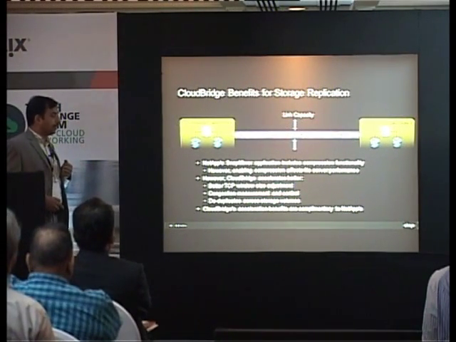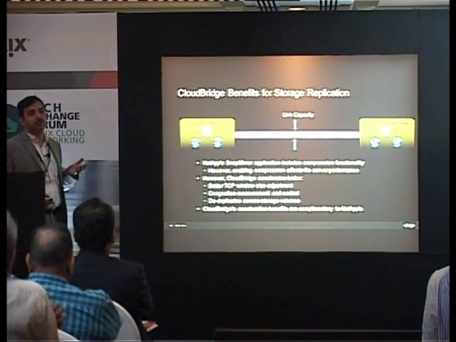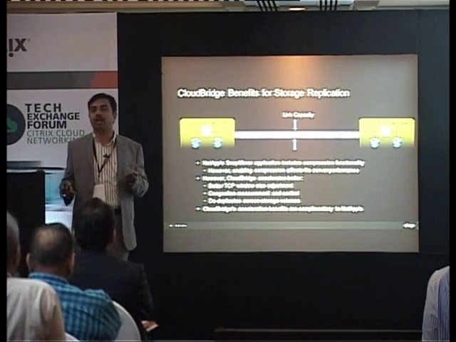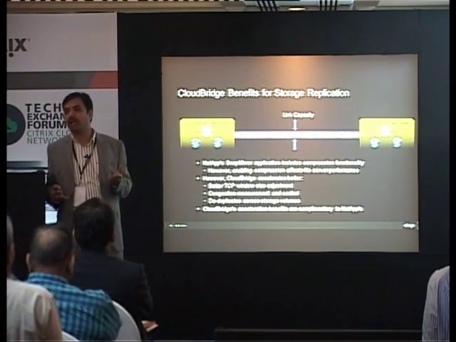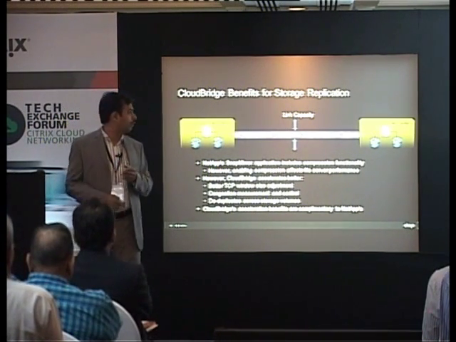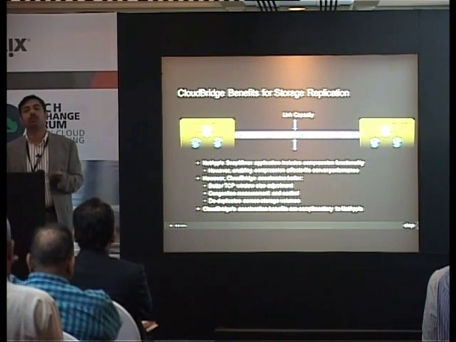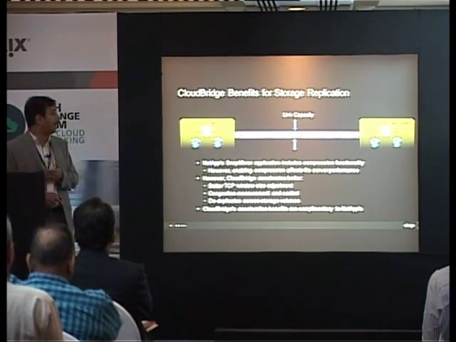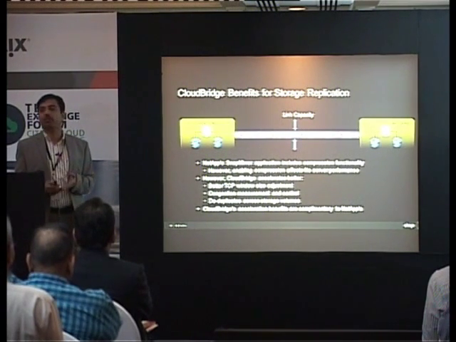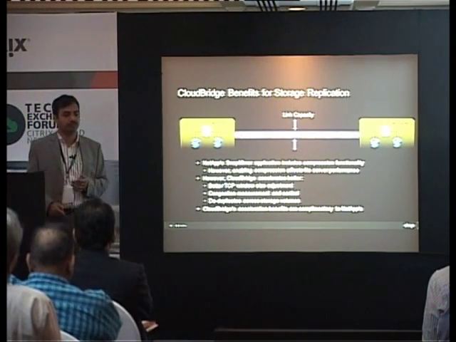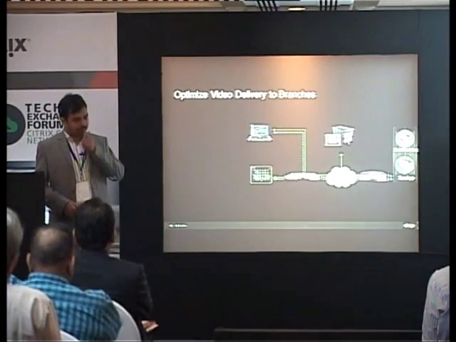Basically, we can optimize the traffic which is in between your DC and the DR, or it can be storage replication traffic. We have tie-ups with storage vendors like NetApp or EMC and so on, where whenever you have a DC DR replication traffic going on, you can optimize that. So when I say this, you can reduce the replication traffic between DC and DC or DC and DR and so on, right?